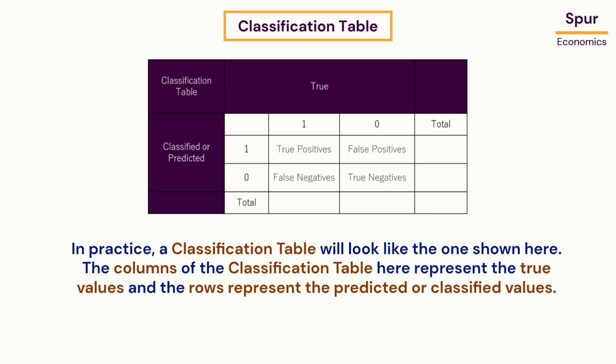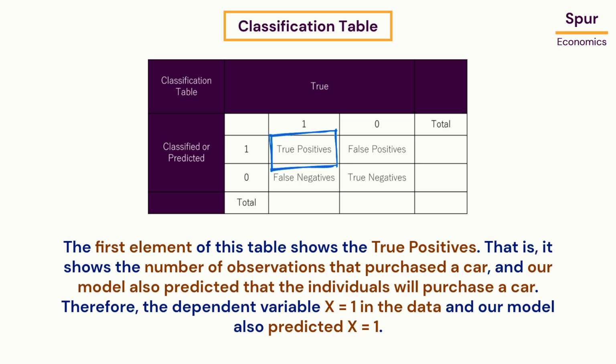In practice, a classification table will look like the one shown here. The columns of the classification table here represent the true values and the rows represent the predicted or classified values. The first element of this table shows the true positives. That is, it shows the number of observations that purchased a car, and our model also predicted that the individuals will purchase a car.